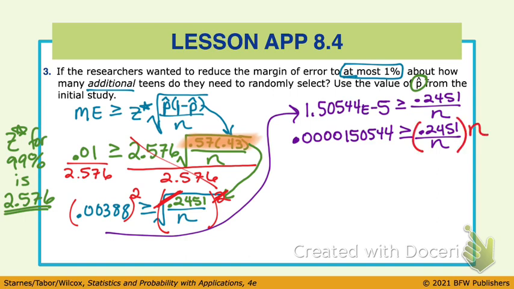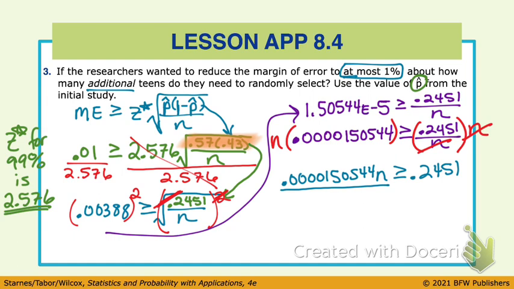Now we can multiply both sides by n. Multiply both sides by n. And we have 0.000150544 n is greater than or equal to 0.2451. And the final step is to divide by that big old decimal here, and that'll get our n by itself.